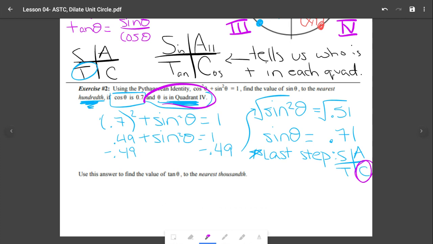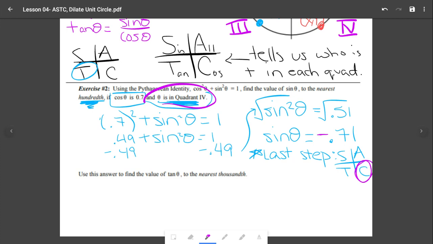So right now, if we found sine and we're in the 4th quadrant, sine has to be negative. Only cosine is positive in the 4th quadrant. So my sine, where I got this 0.71, I need to make it a negative 0.71 in order to satisfy my criteria for being in the 4th quadrant.